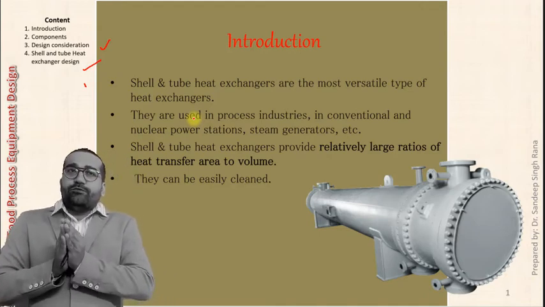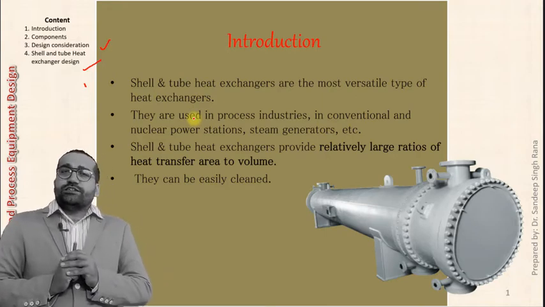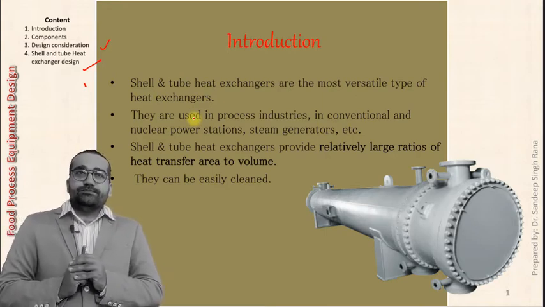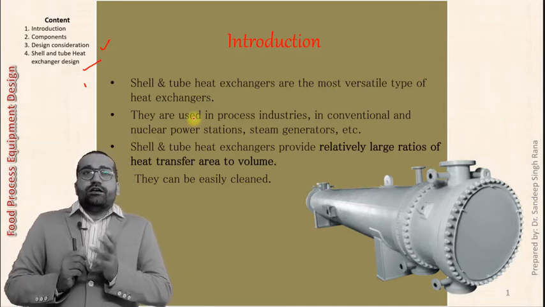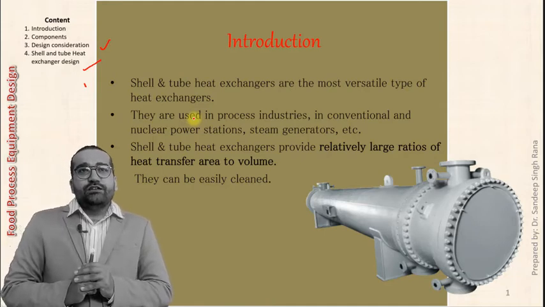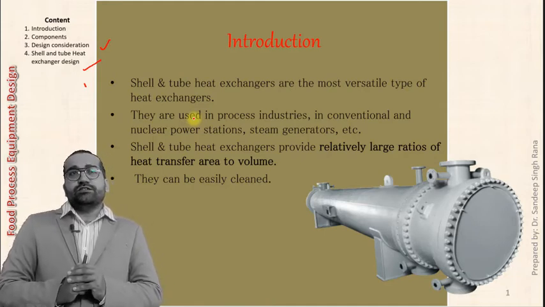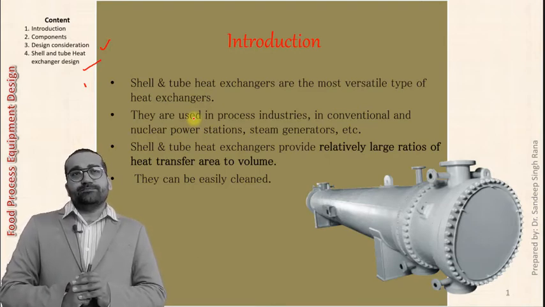The shell and tube type of heat exchangers are one of the most versatile types of heat exchanger, and they are used in the process industries, in conventional and nuclear power stations, steam generators and food industries as well.